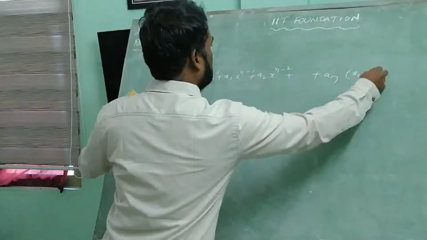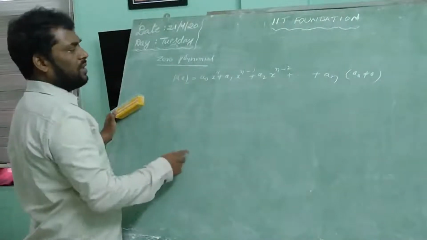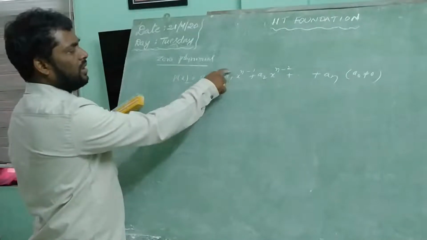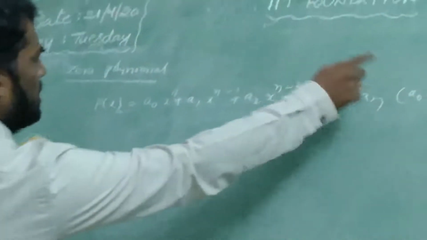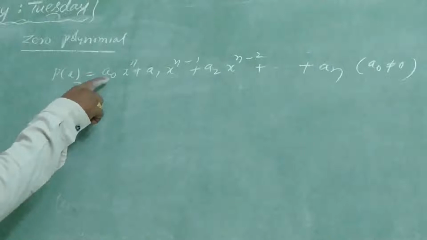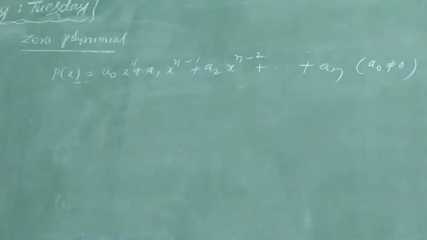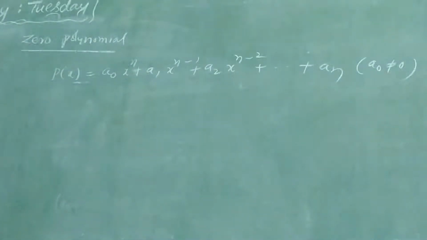having nth degree. What are the coefficients here? The coefficient of the first term is a0. The coefficient of the second term is a1. The coefficient of the third term is a2. And the last is a constant. Now, how do you define a zero polynomial? If the values of all the coefficients of a polynomial are equal to 0, such a polynomial is called a zero polynomial.